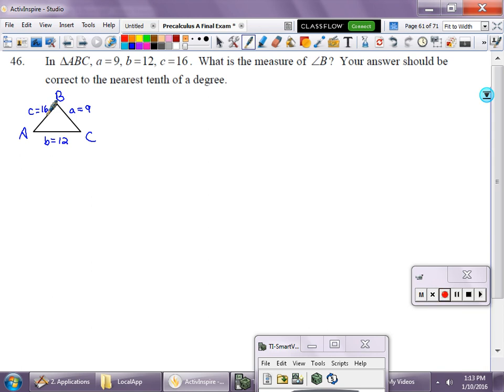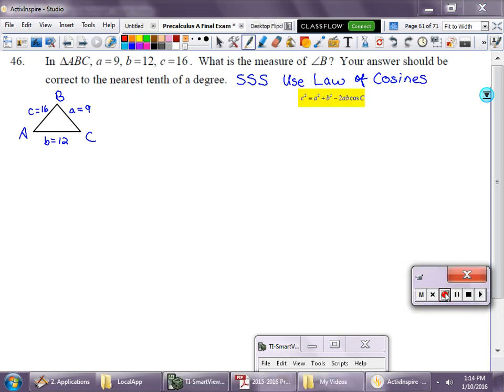This is side, side, side, and for side, side, side, you use the law of cosines. Now they could ask you to find all of the angles, but I'm sure they only want you to see one. And if you notice your instructions, what is the measure of angle B?